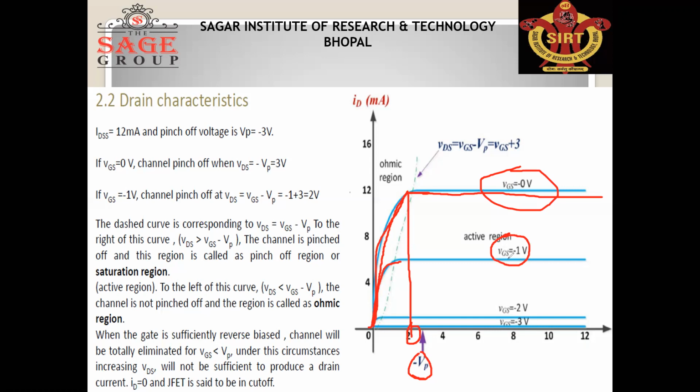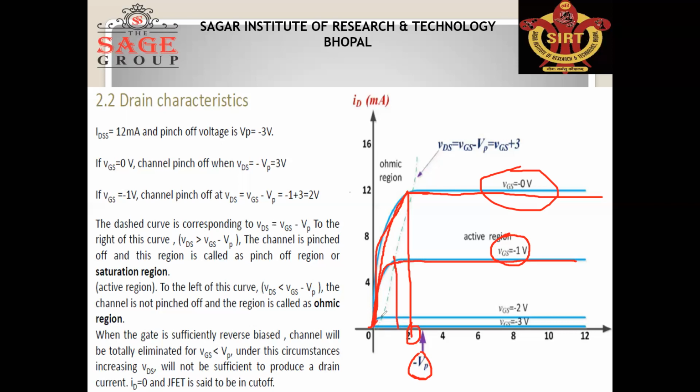Because when we increase the VGS, the reverse bias voltage will also increase at the PN junction, which will increase the width of the depletion layer. As the depletion layer width increases, the channel width decreases, and the current will also decrease. So the current decreases here, and the pinch off voltage also decreases, and the current becomes constant.